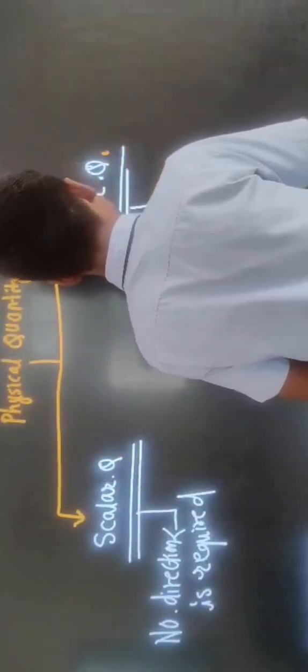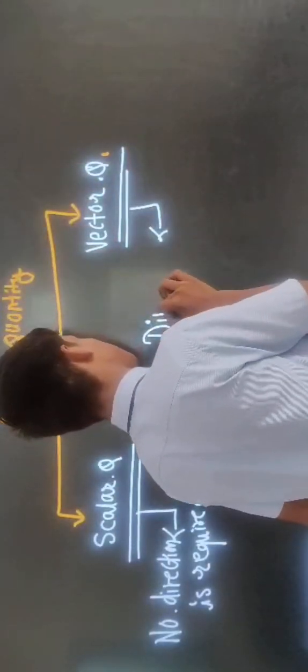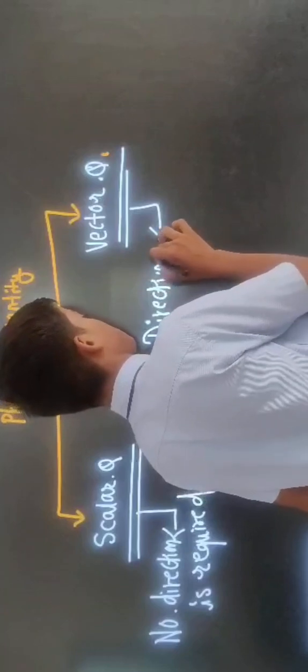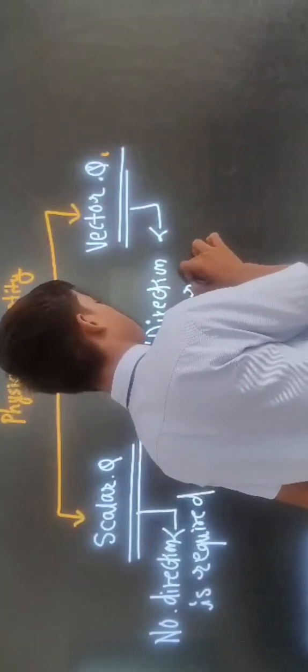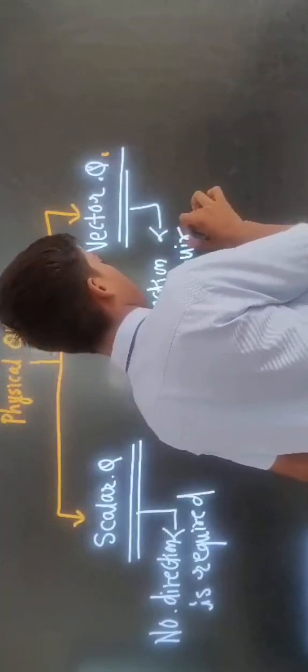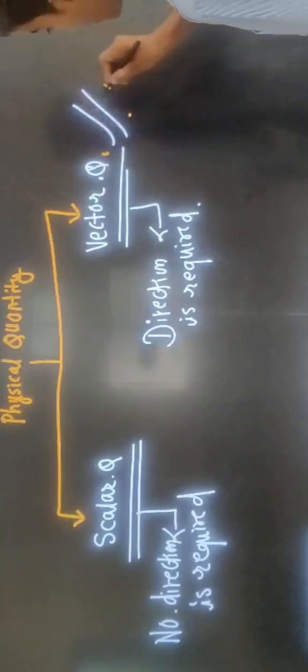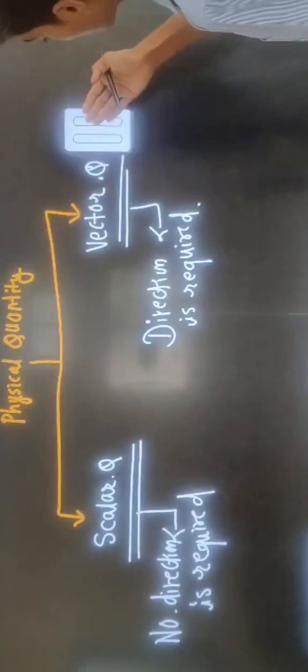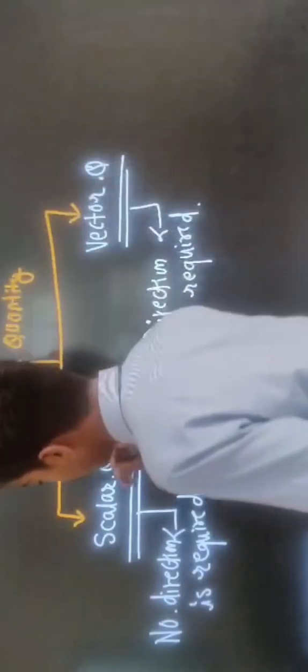Direction is required in the vector. So this is the main difference between scalar and vector. In scalar, direction is not required, and in vector, direction is very important. Without direction, the vector quantity doesn't have any value. But in scalar quantity, there is no need of direction.